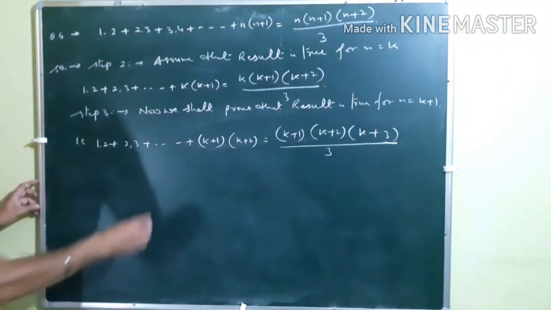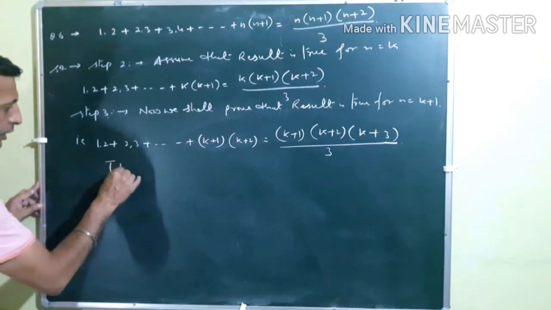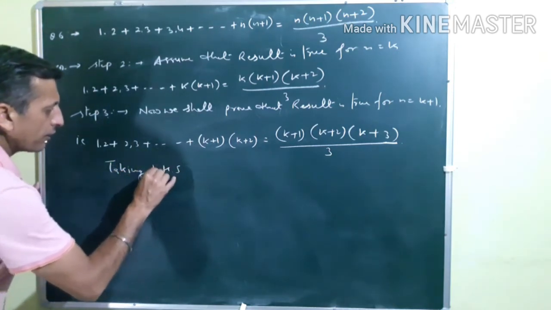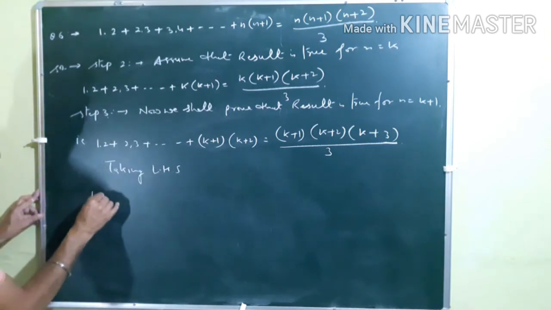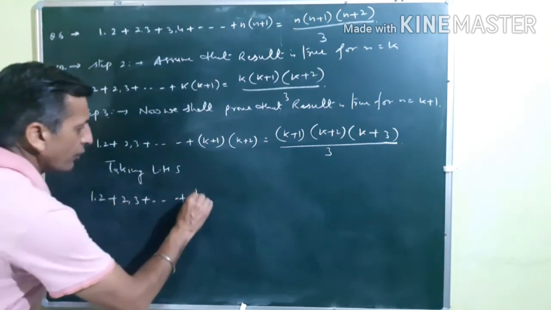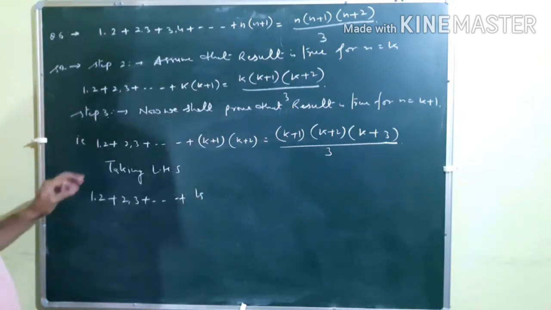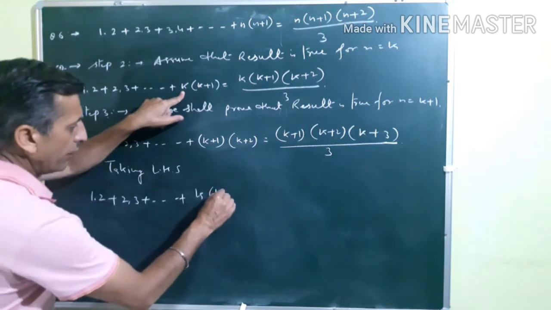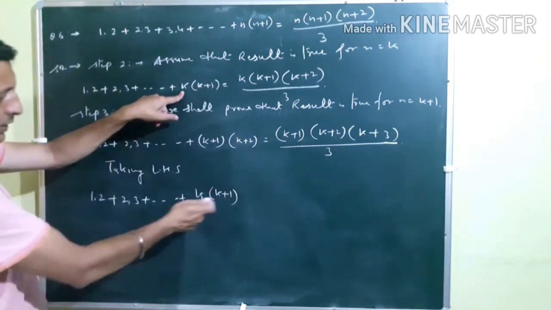I am taking the left hand side once again. So the left hand side is 1 into 2 plus 2 into 3 and so on. I am going to write the previous term, that means k into k plus 1, because I need this one.